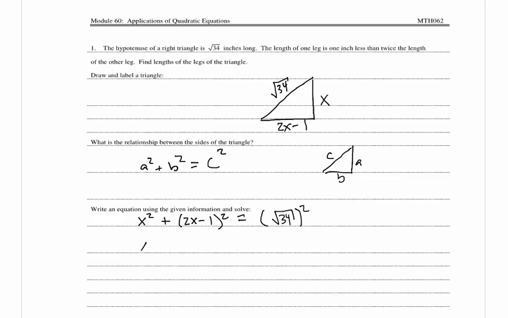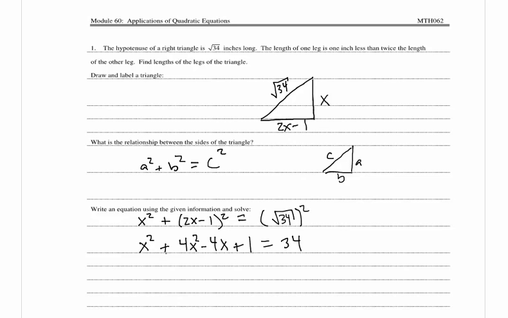And now we're going to have x squared plus, we're going to square 2x minus 1, so we get 4x squared minus 4x plus 1 is equal to, the square root of 34 squared is 34. And now we're going to combine our like terms on the left side, and we're going to subtract 34 from both sides.